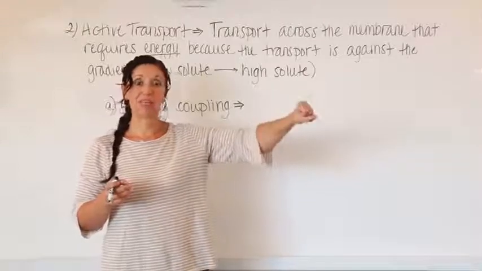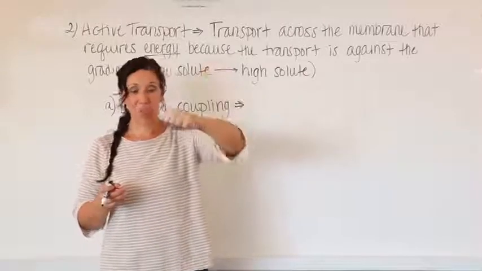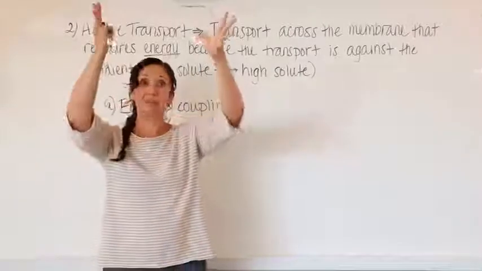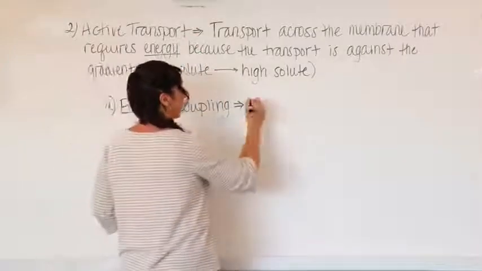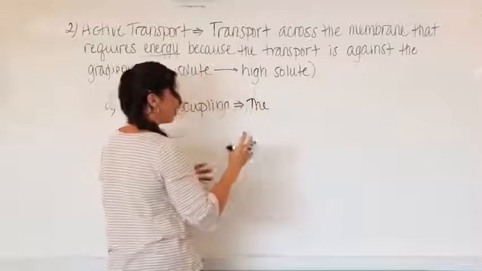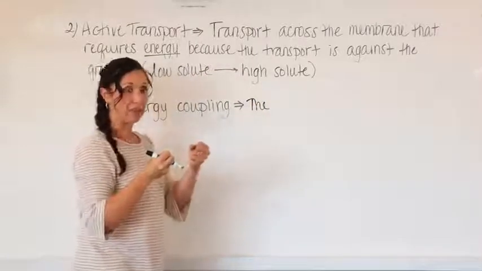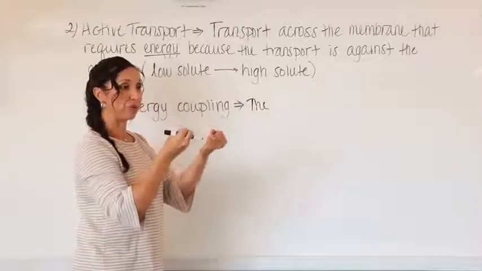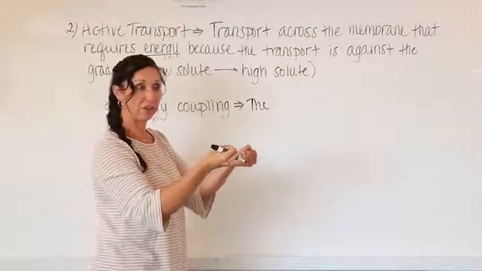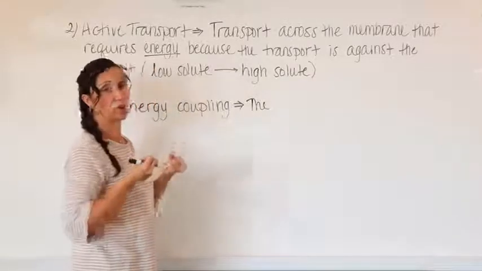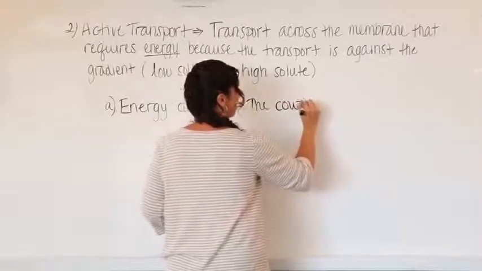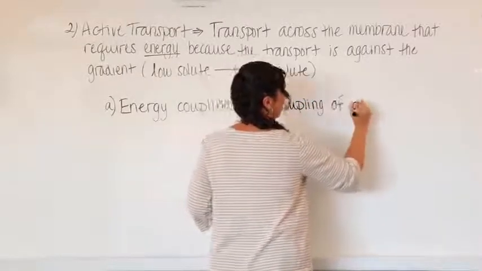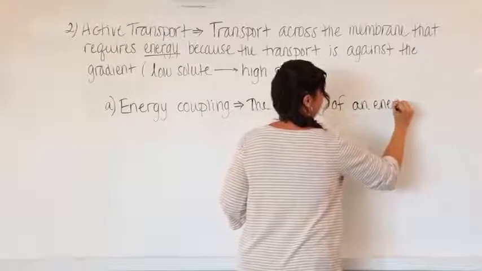The energy released from that molecule goes onto that protein to allow it to move. And so energy coupling is basically the coupling of an energy producing reaction to enable an energy requiring reaction.